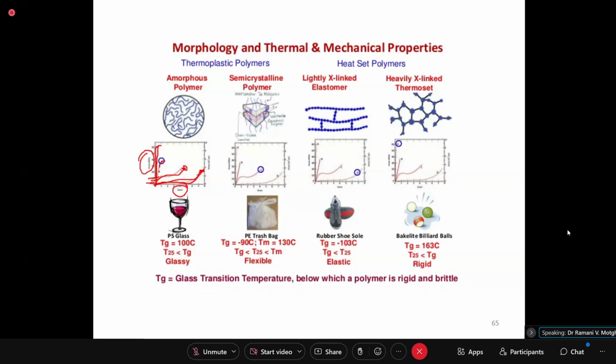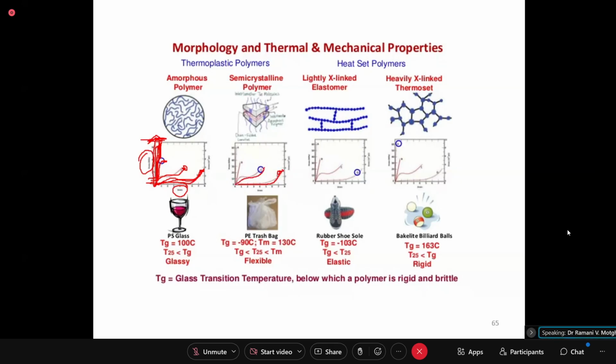Then you have the hard thermoplasts. It will show something like this, and your very hard and brittle polymers will not elongate at all. As you go on increasing the stress, at a very high stress, it will directly break, so it will not show any elongation. So this part is the elongation part, and then it is breaking.